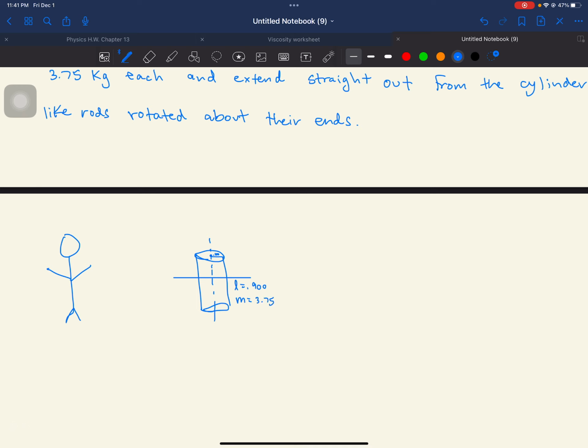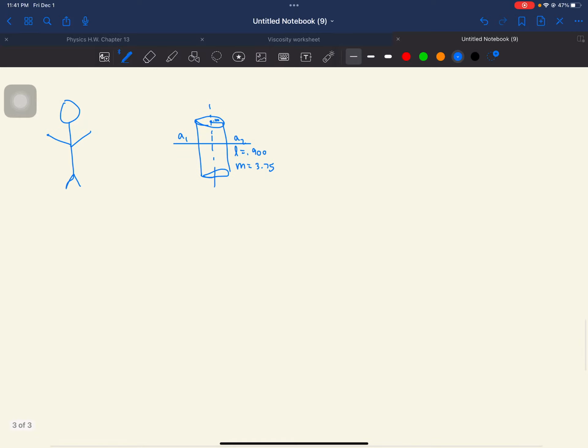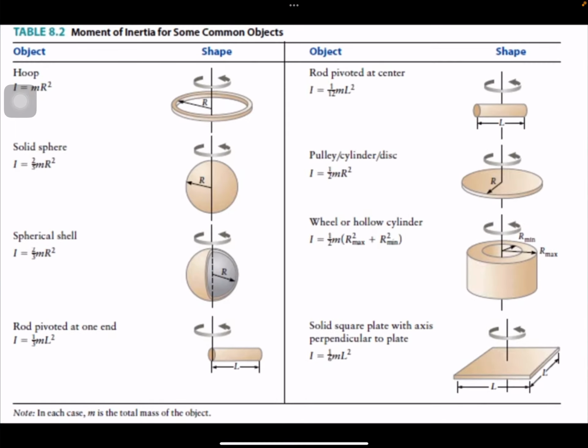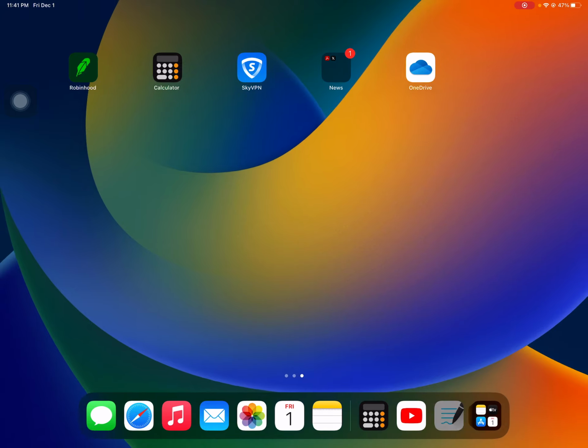So for the arms, this would be arm 2 and this would be arm 1. For the arms, we can check our picture, which says for a rod pivoted at one end, the moment of inertia is 1/3 m l squared.